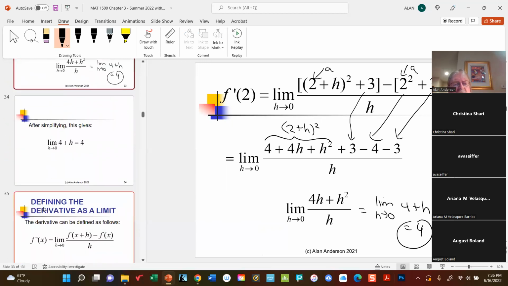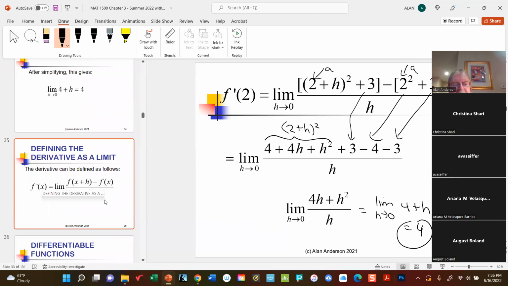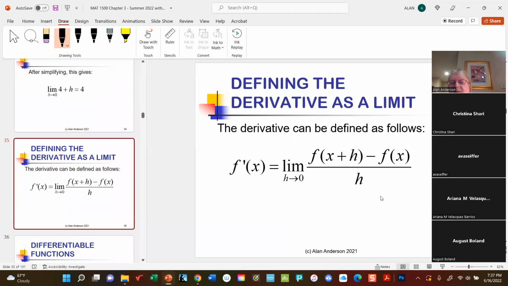Okay, so in the book, from now on, this will be the approach that we take. We're going to write it like this. The derivative will now, from now on, be formally known as this. If somebody says to you, what is the formal definition of a derivative, this is what you're going to do.